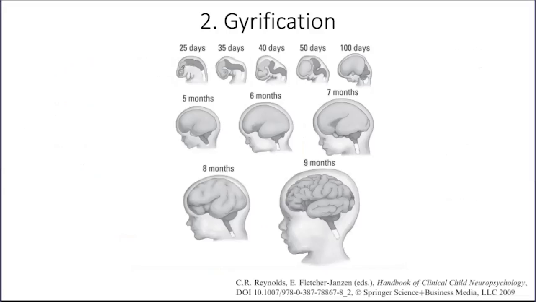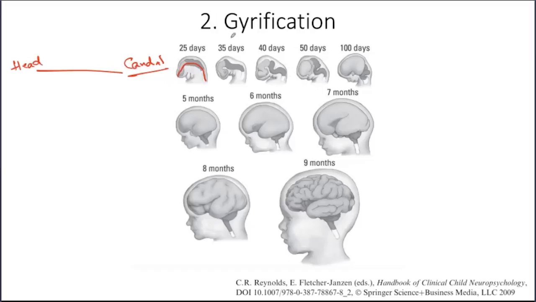As you can see here, in the first steps it is just like one single tube, from the head side to the caudal side, the hind side. And this one single tube would eventually, over time, evolve into what we call the human brain. So that is the process.